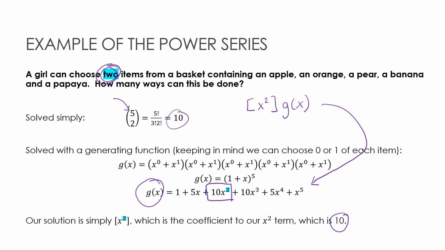It is 10, which is the same solution that I got previously. So essentially that is what this is all about, being able to find this 10 without having to do all of the math of FOILing it out to get this full solution, because I don't care about any of these other values. I only care about the 10 in front of my x squared.